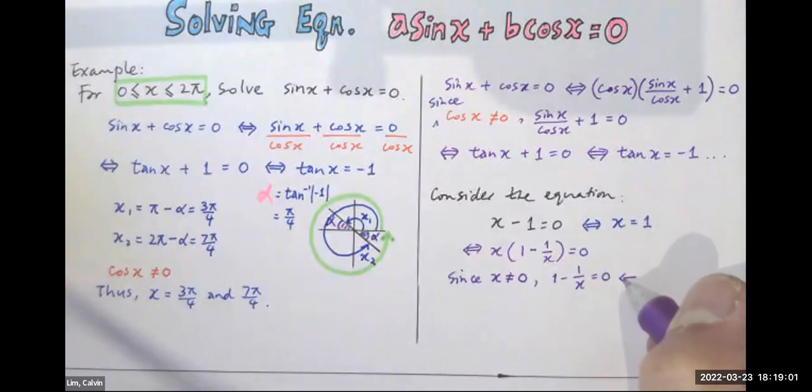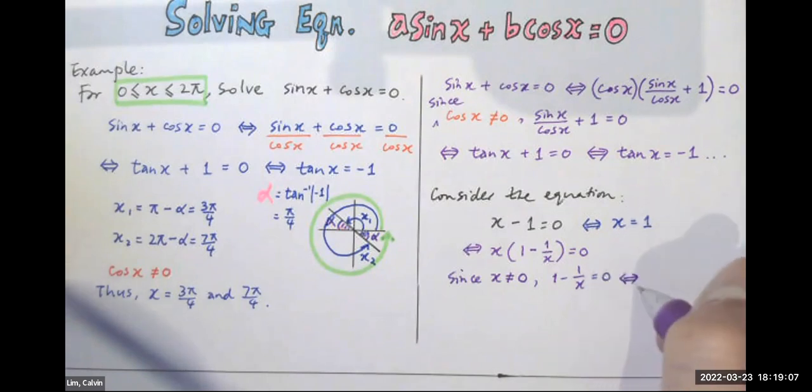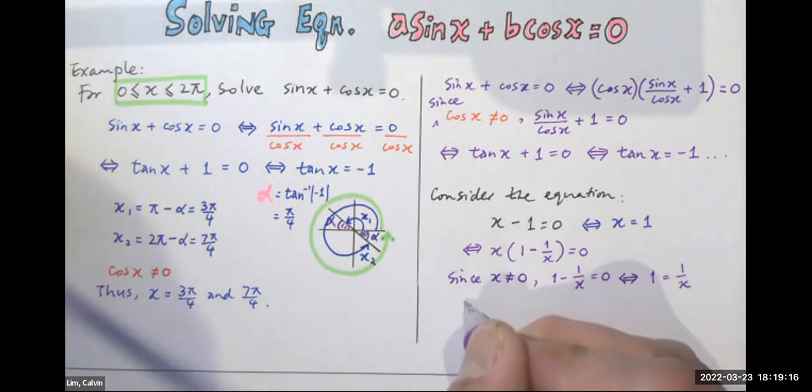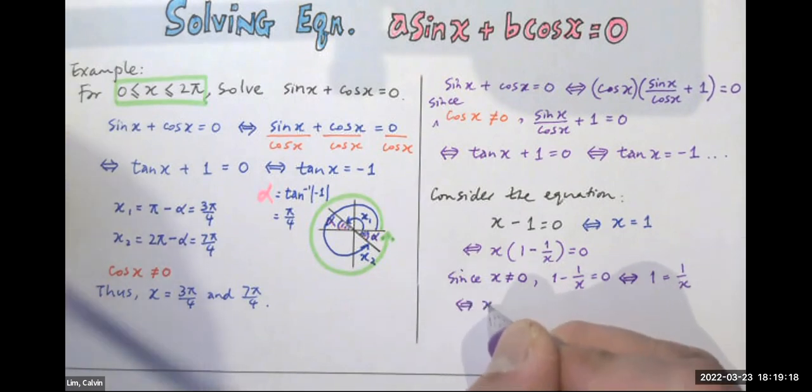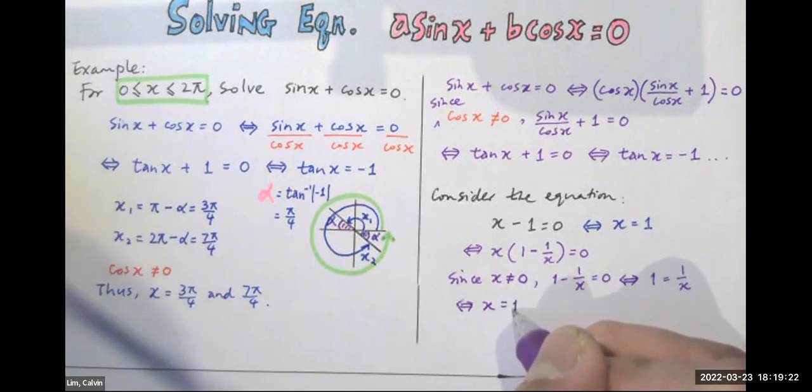Adding 1 over x to both sides gives us 1 equals 1 over x. Multiplying x on both sides gives us an x value of 1.